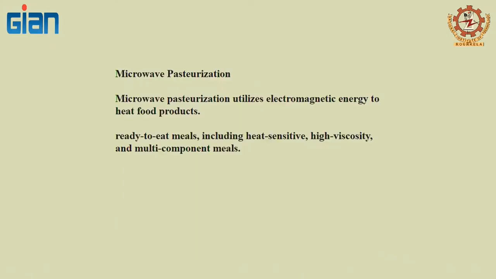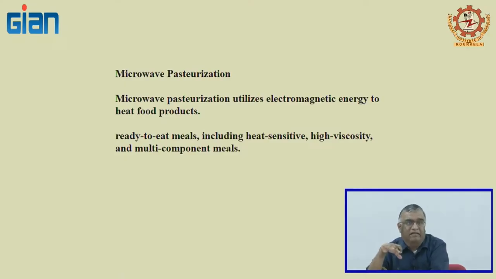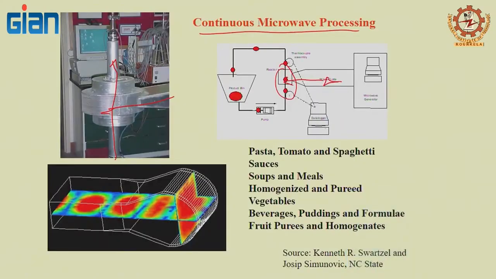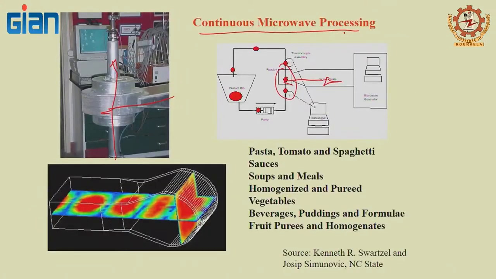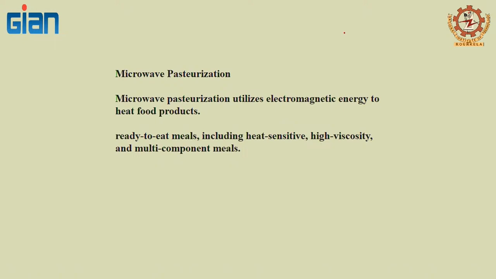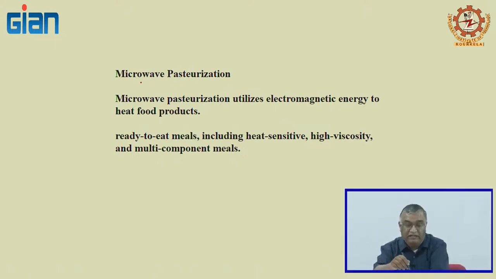Now, when the microwave sterilization is used, they call that MATS, microwave assisted thermal sterilization, that is the one they were initially aiming for. Once it was commercially successful, they started using the same concept for pasteurization.